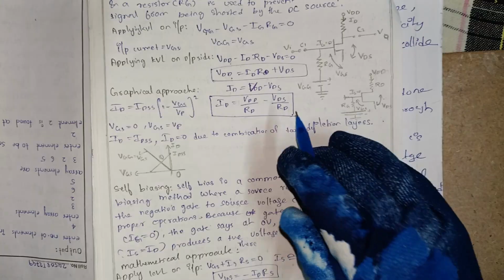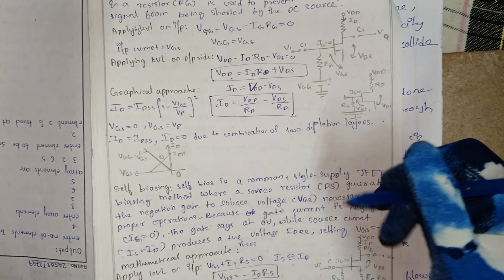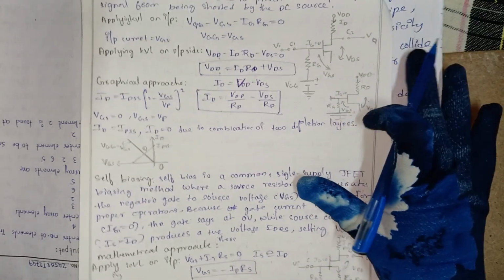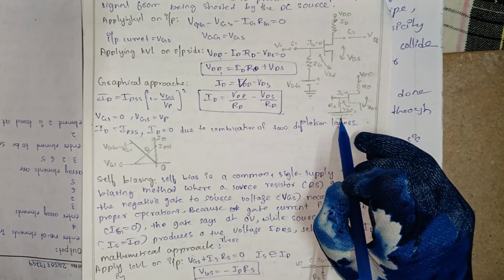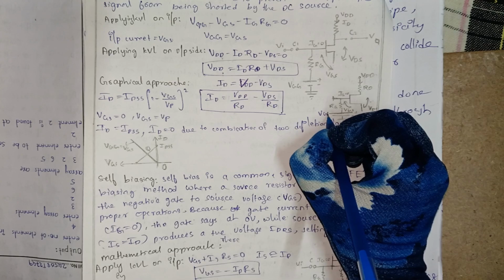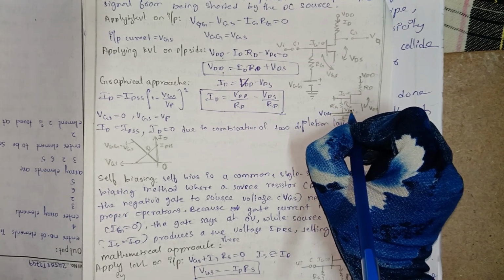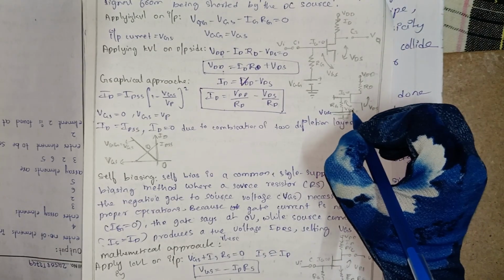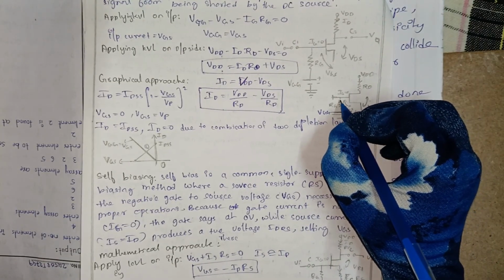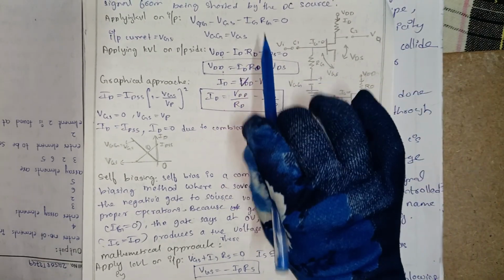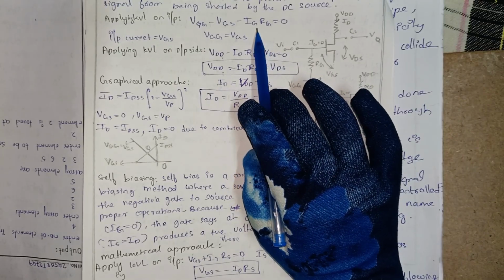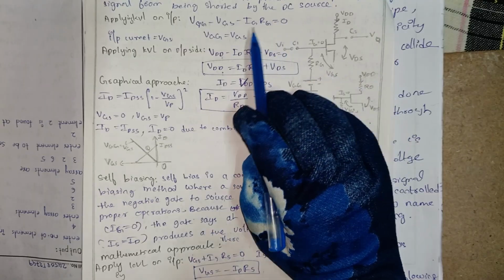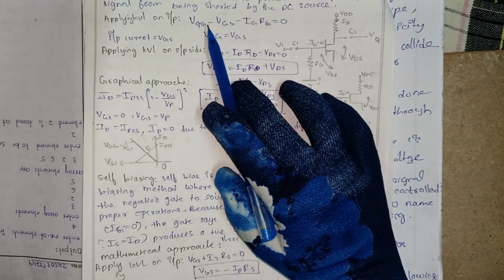So by applying KVL at the input side, we got VGG, the voltage we have supplied here, minus VGS minus IG into RG equals 0. IG is here 0, so the whole term becomes 0. And VGG is equal to VGS.